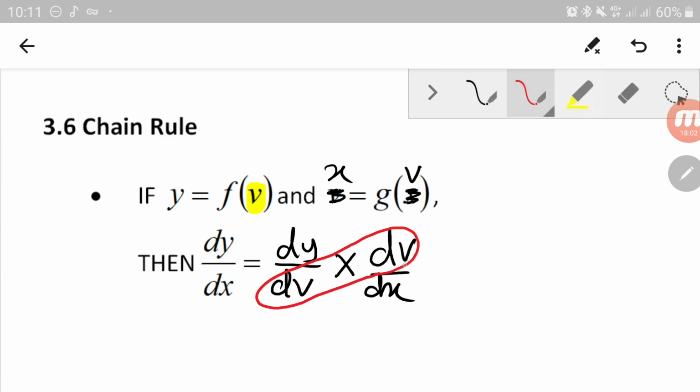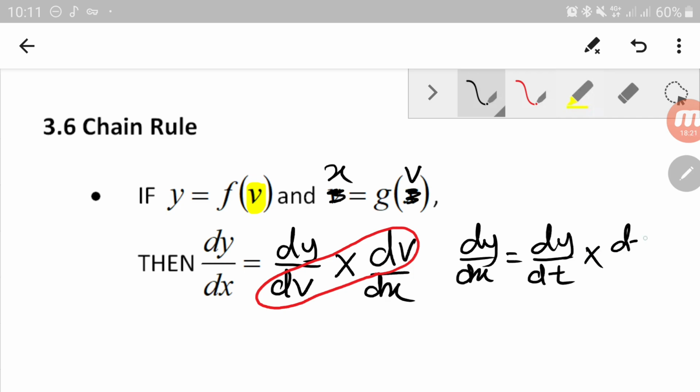It means that there must be some common variable v. For example, if you want to get dy/dx but we have dy in terms of t, we must get dt in terms of dx. So the common variable is t. That's what it means by chain rule.